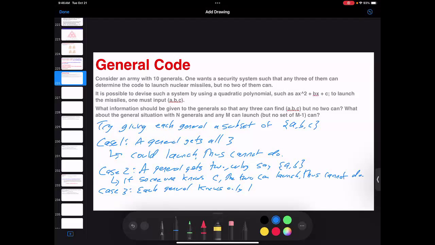So maybe general 1 gets A, 2 gets B, 3 gets C, and 4 gets, without loss of generality, A. And now 1, 2, and 4 cannot launch.